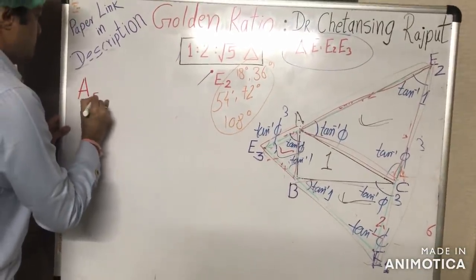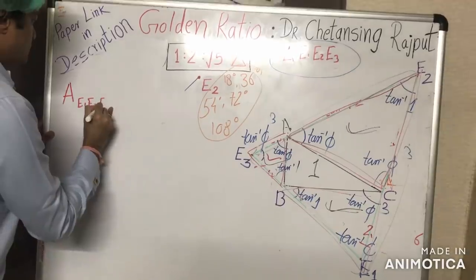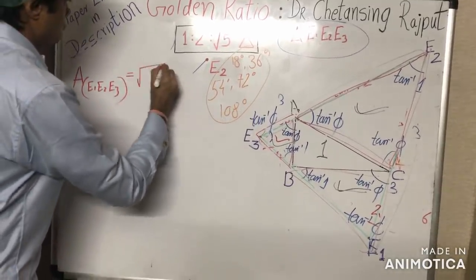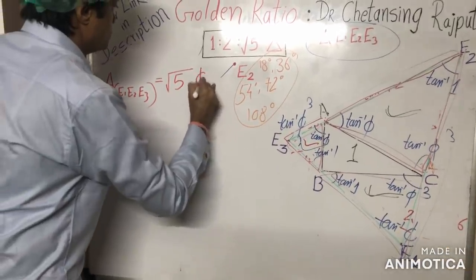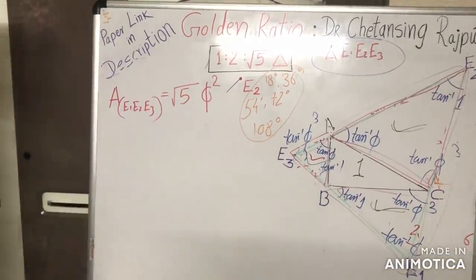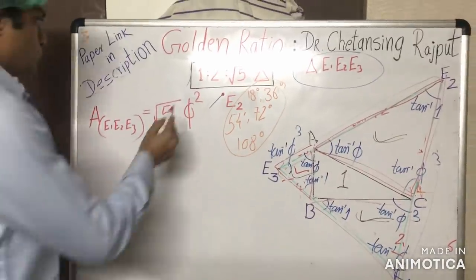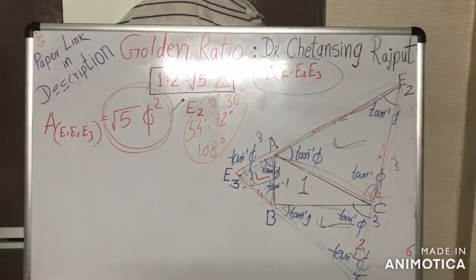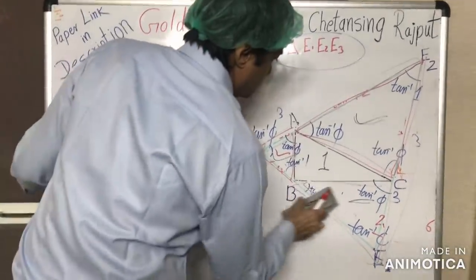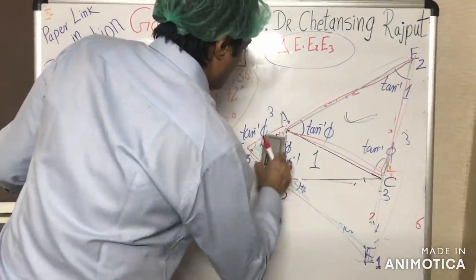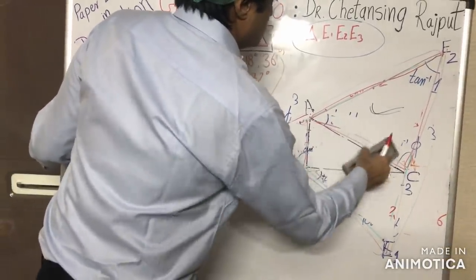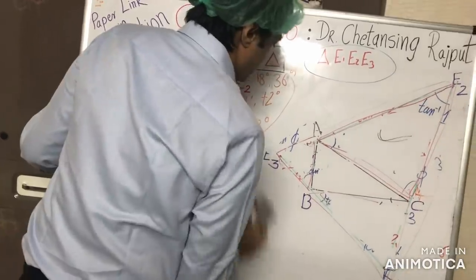The area of triangle E1, E2 and E3 is equal to root 5 times phi squared. Consider this value. It's an important figure, because the area of this excentral triangle is root 5 times phi squared.